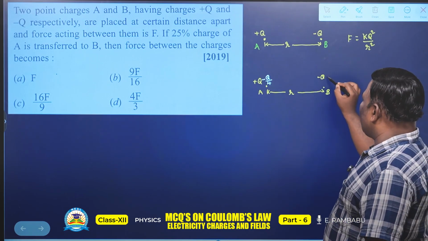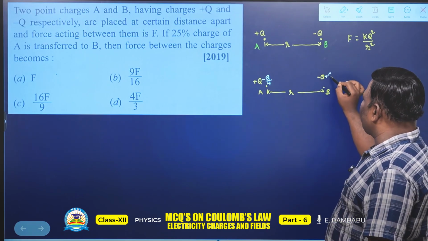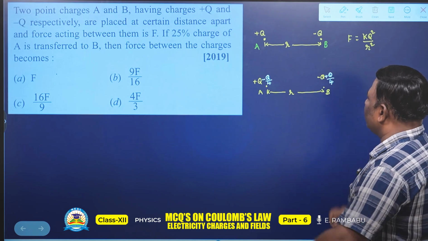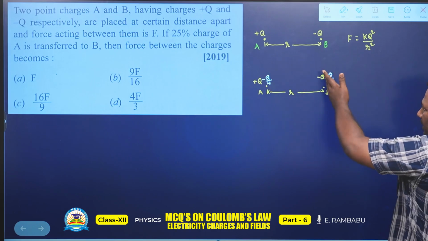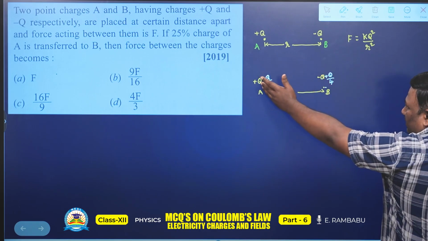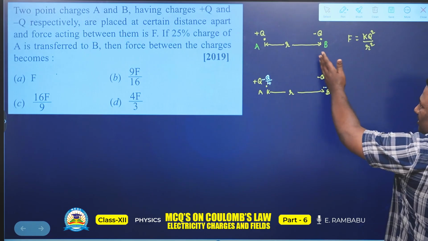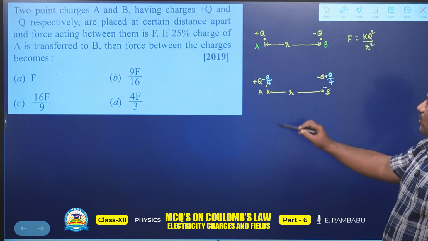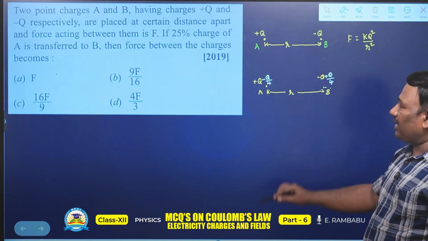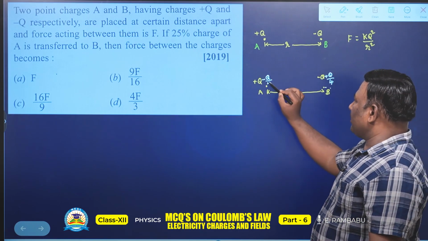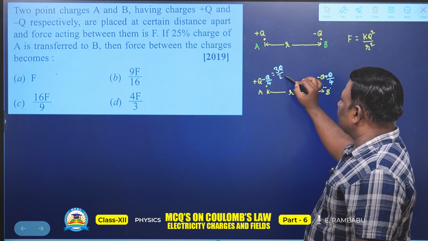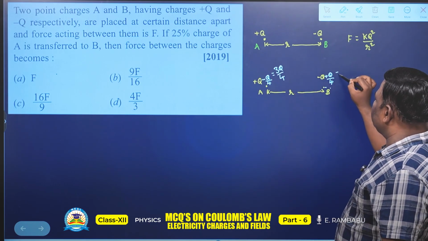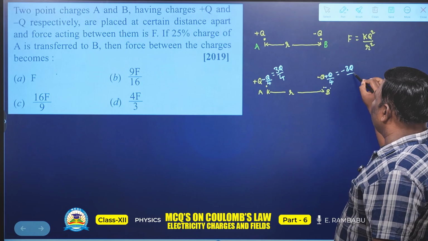And here how much charge is added? 25% of charge is added. Here 25% charge is lost, and that lost charge is added to B. So 25% means 25/100, which is 1/4 part. So the charge at A becomes 3Q/4, and the charge at B becomes minus 3Q/4.